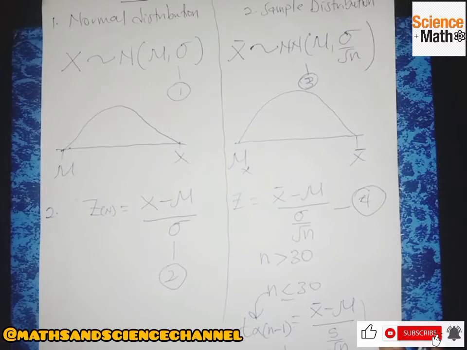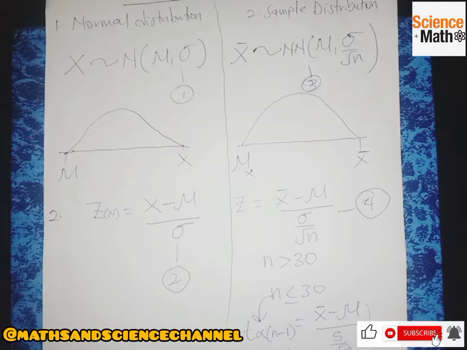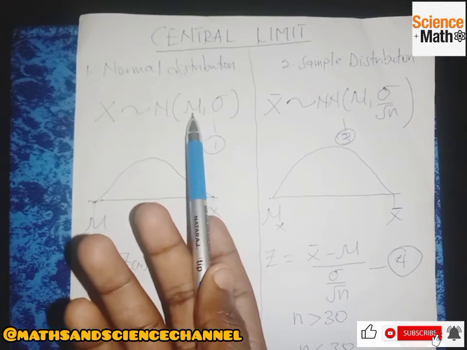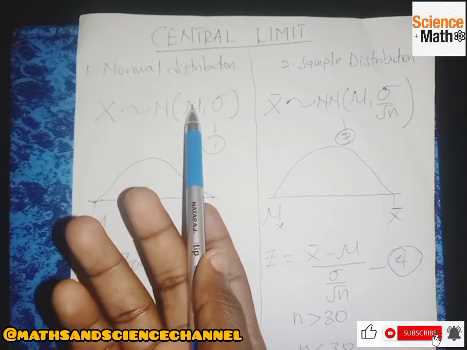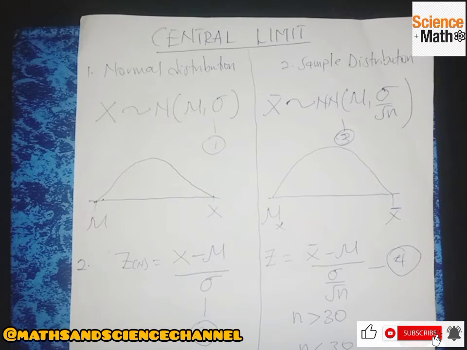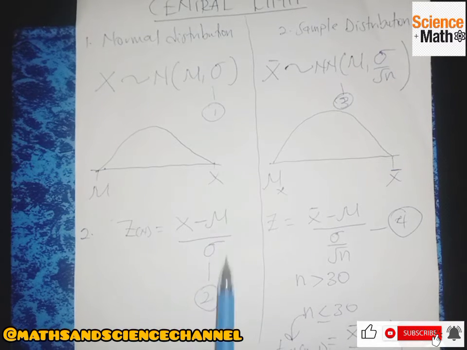It's just that you have to know whether the question is on a normal distribution or a sample distribution. If it's a normal distribution question and you have to find the mean, you basically use this, just by locating the mu and the standard deviation. And if you have to find a z, in this case you use this formula.